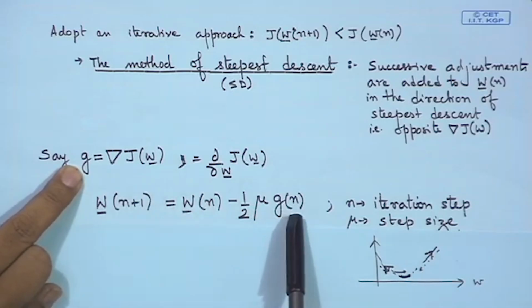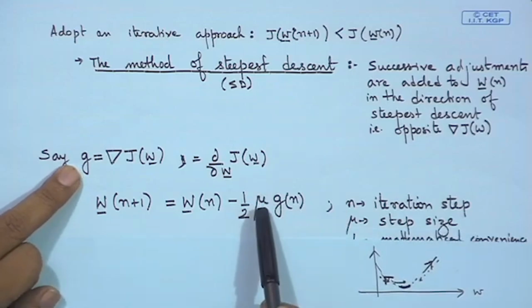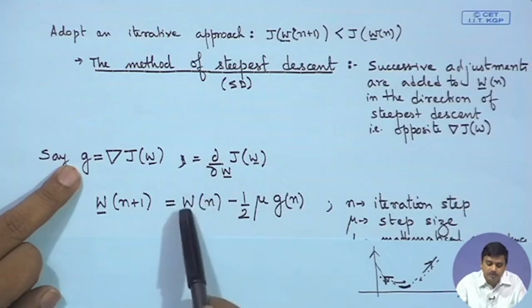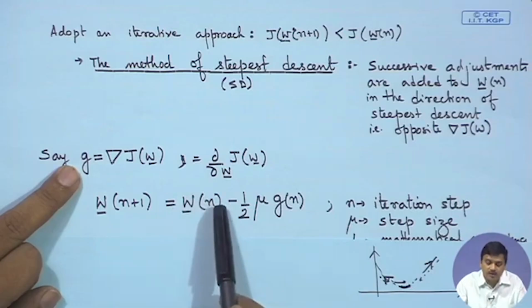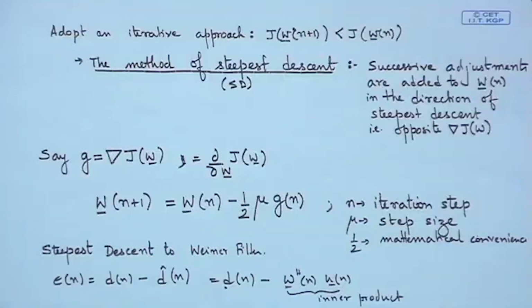Once one calculates the slope, then with a certain step size one would like to continuously improve the weights from one iteration to the next iteration, and in every iteration one could get outputs y n, which would add to the computation of the errors, which would finally drive this particular weight calculation.